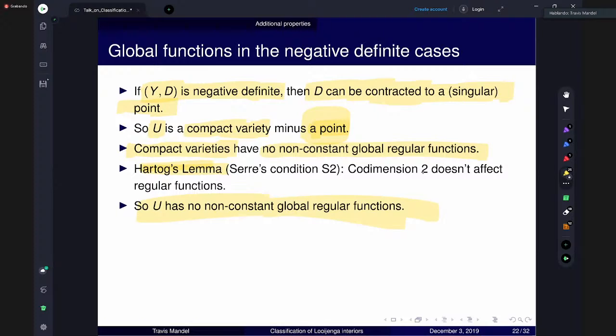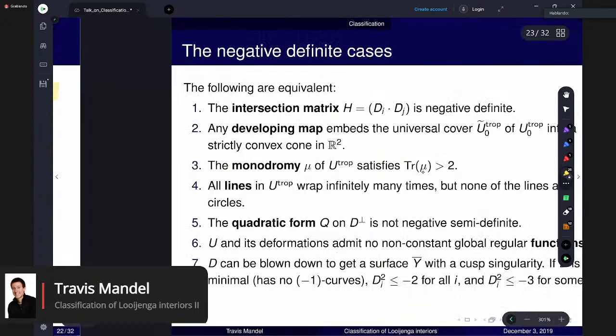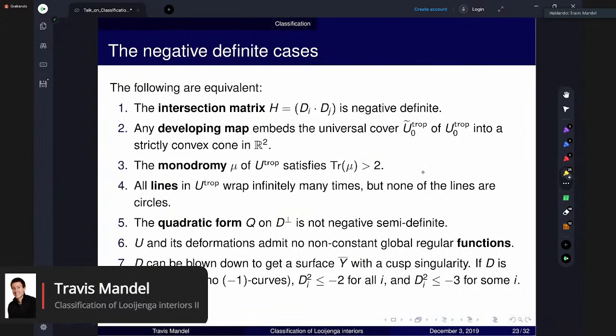They're only defined in some formal neighborhood of some degeneration of U. And if you're in this negative definite case, there's no way you can get away from working in this formal neighborhood, or maybe you could get it to some analytic neighborhood, but you can't get all the way to U because U just doesn't have global regular functions, so you can't get an interesting basis of global regular functions. Because there just aren't any.